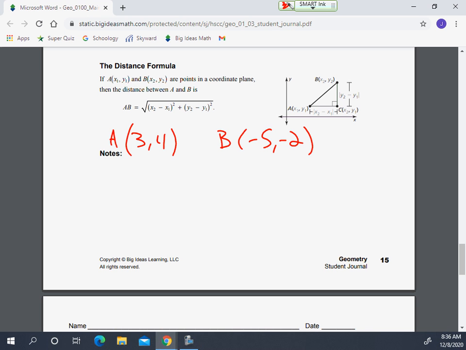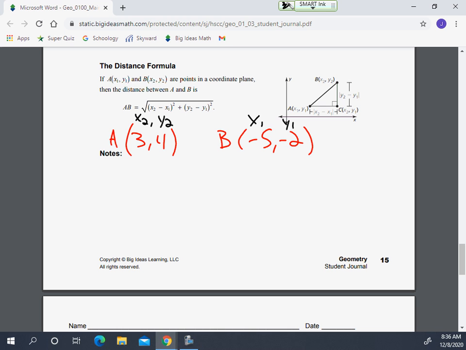Okay? Using this formula, it does not matter which coordinates are your x1, y1, or your x2, y2. It does not matter. So let's say this is x2, y2, and let's say this is x1, y1.